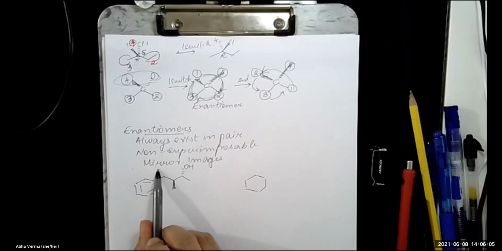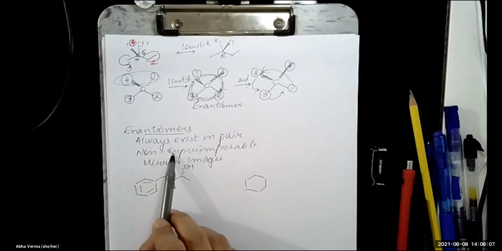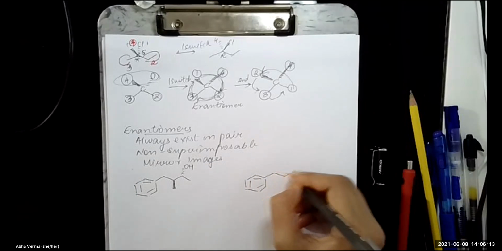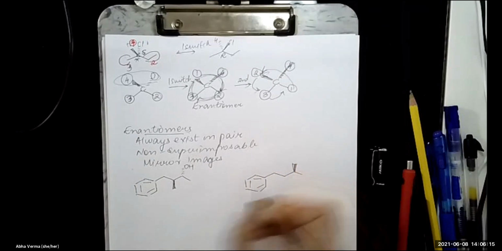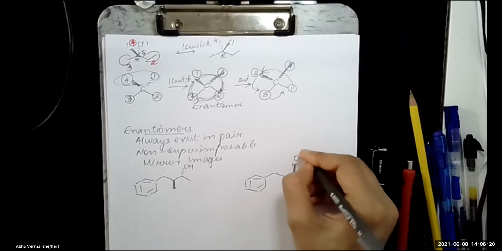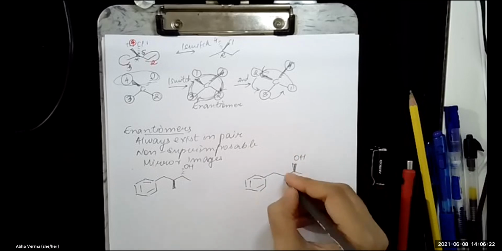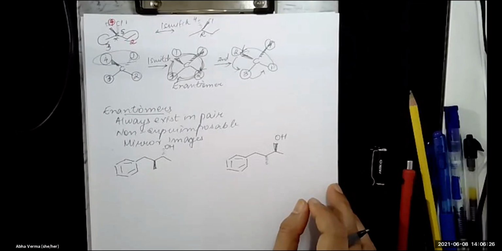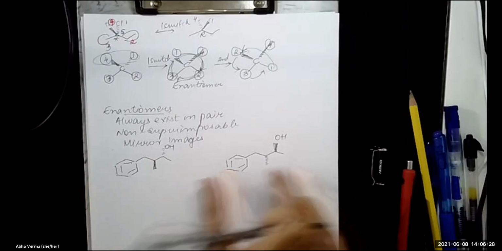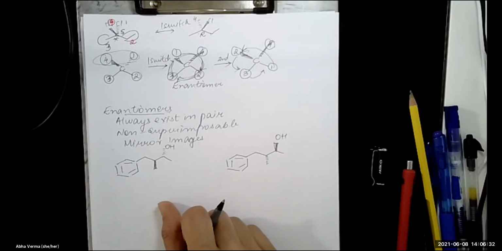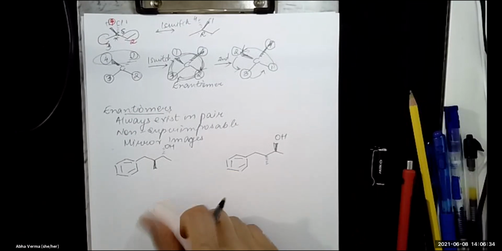A mirror image which is non-superimposable. So I can draw my enantiomer like this. At each carbon, I have to make sure I draw an opposite orientation. So this and this, I can easily identify them to be my enantiomers.